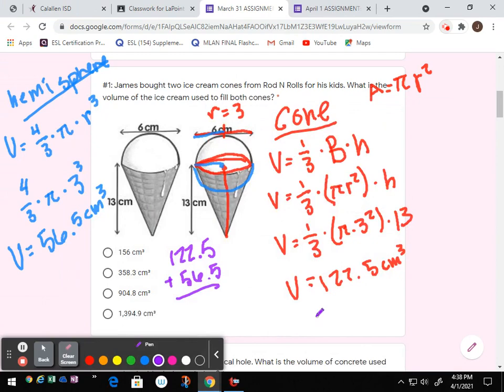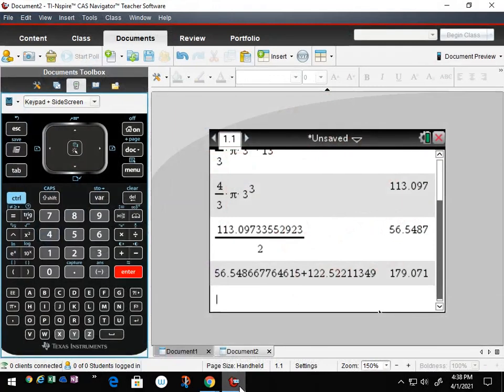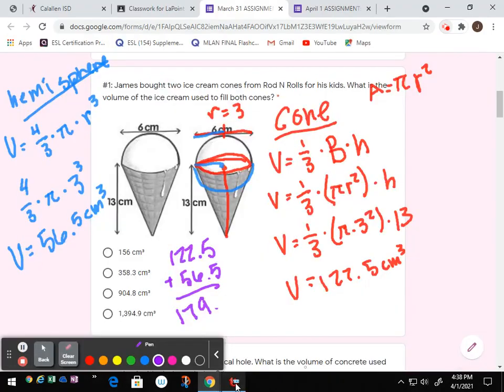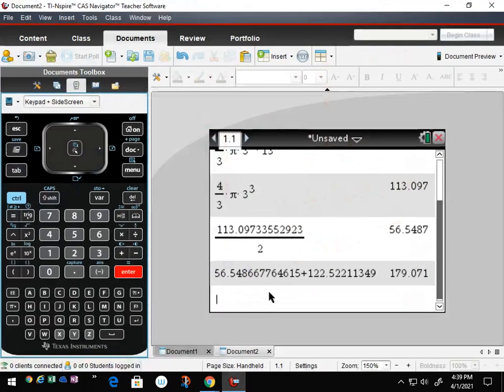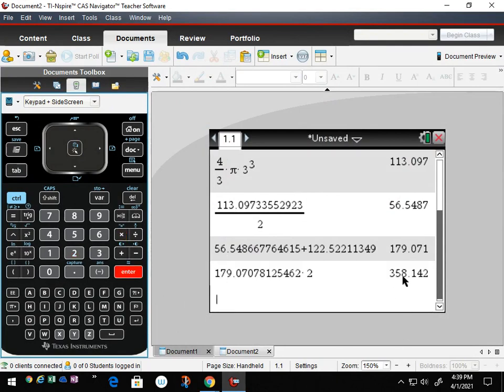But remember, this is for one cone only, and we have two. So we need to take this number and multiply it by 2 now. We multiply it by 2, and our answer is 358, rounded to the nearest tenth.